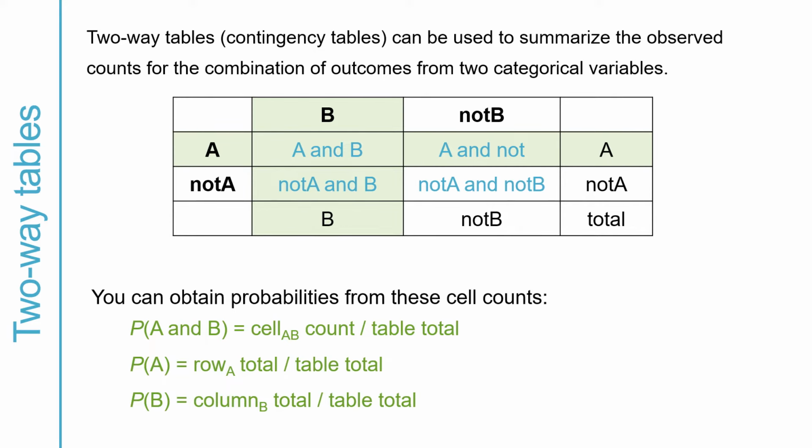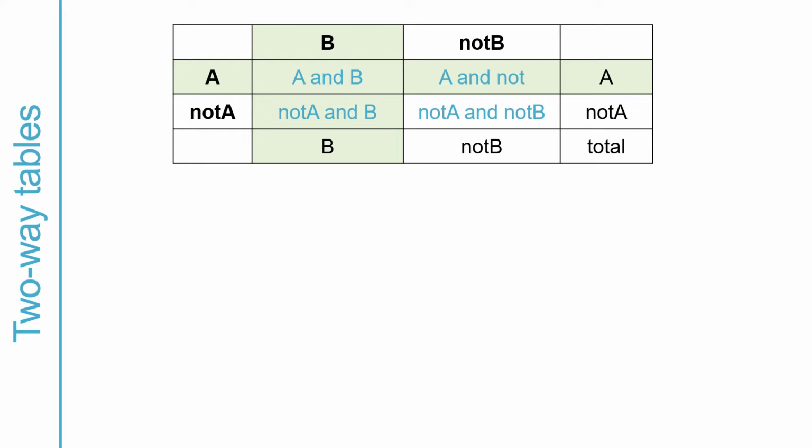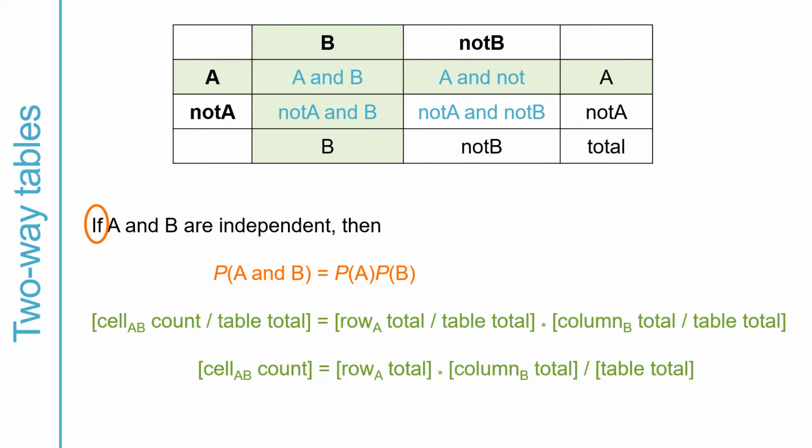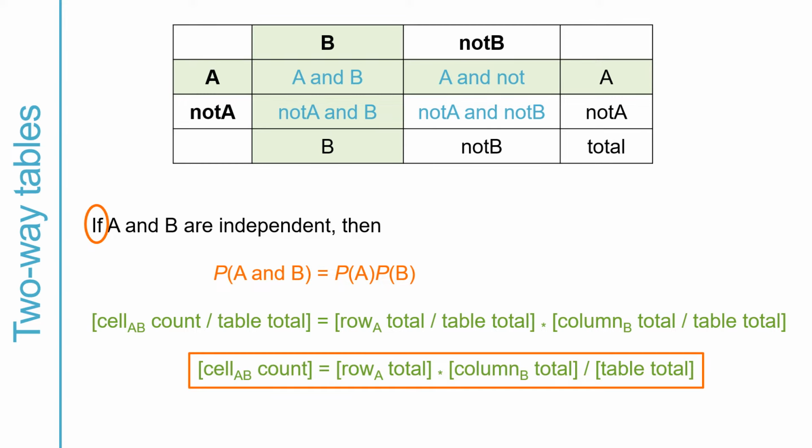The multiplication rule for independent events would then translate into the cell count for the A and B cell is equal to the row total for outcome A times the column total for outcome B divided by the table total. So let's now put this in the perspective of statistical inference.